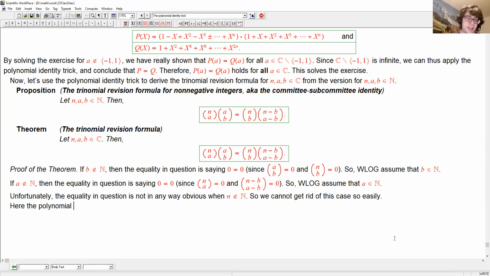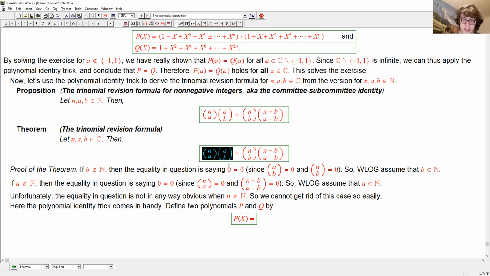Here the polynomial identity trick comes in handy. How to do this? We define the following two polynomials. P of x is the left-hand side, except n becomes x.